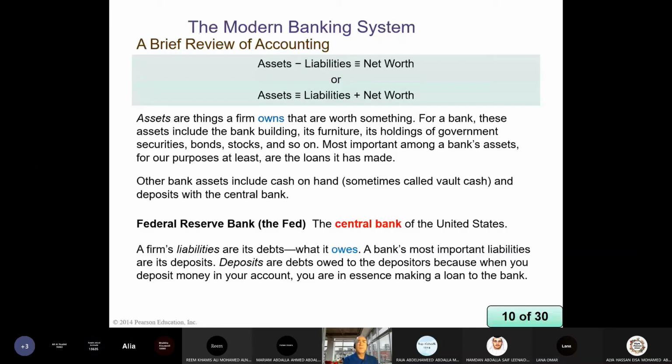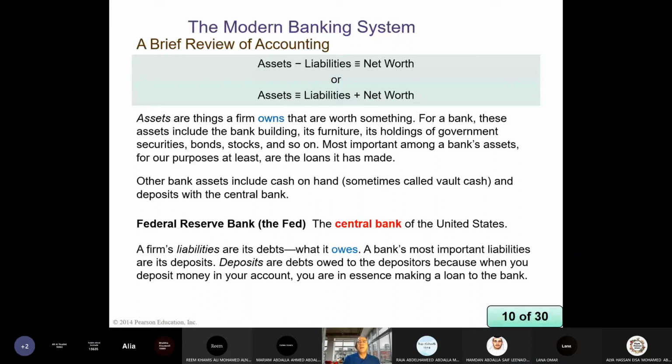Yes, doctor. Read the whole story for me. Okay. The modern banking system, a brief review of accounting. Assets minus liabilities equals net worth, or assets equals liabilities plus net worth. Okay, so this equation is equation number one in accounting.